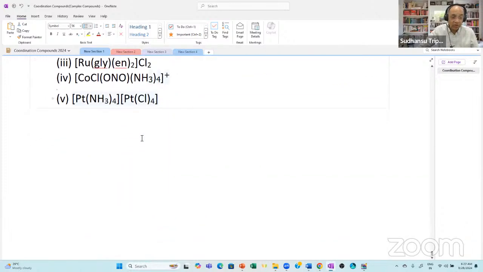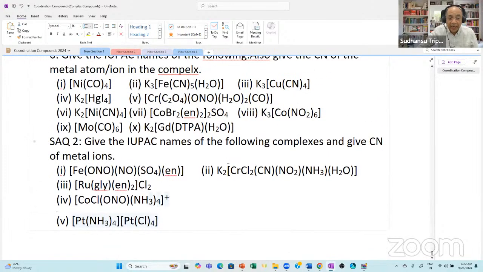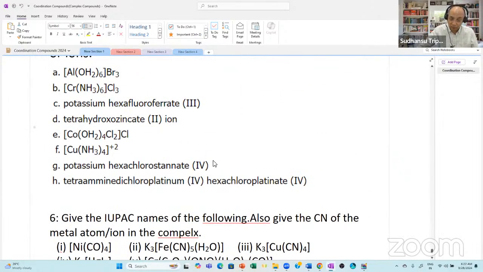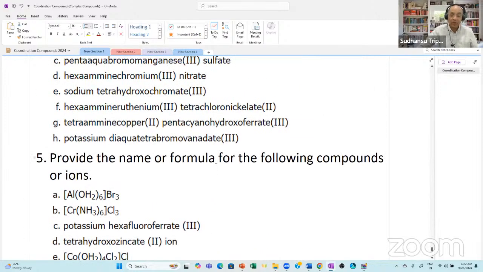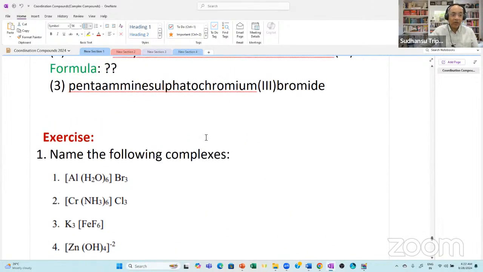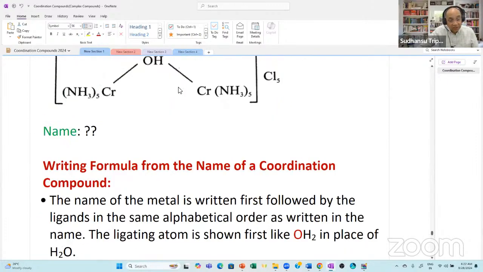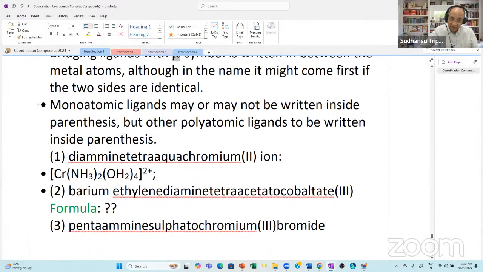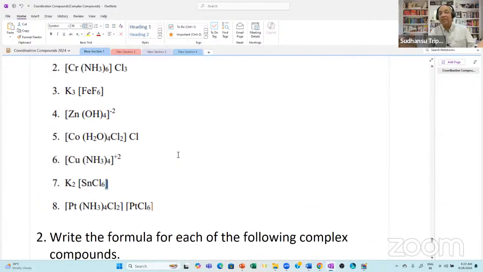I have not given any example having haptic ligands here. I have reserved that for a future program, but I have introduced what haptic ligands are, what hapticity is, and some examples I will give you in the next class. But you have to complete the given ones first, then the exercise. And if you find more in the NCERT book or any resource, you also practice, because we have 3 days before we resume the next class, or 4 days you can count. So be ready.